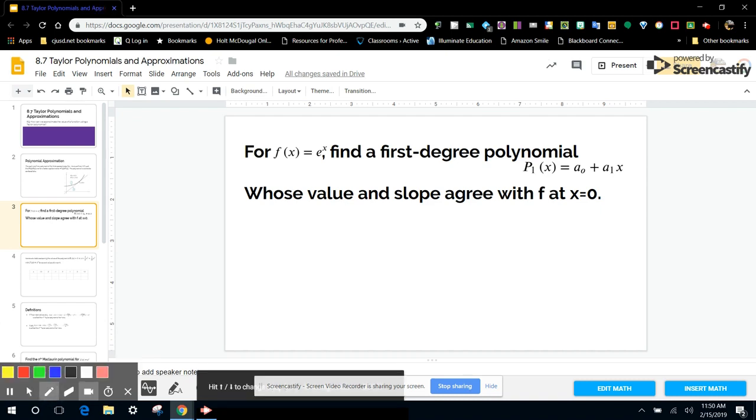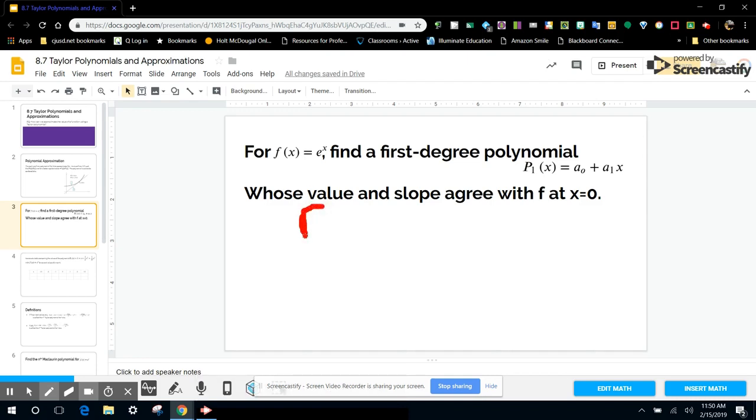I'm going to go ahead and find what f of 0 is. Let me see if I can adjust this a little bit.